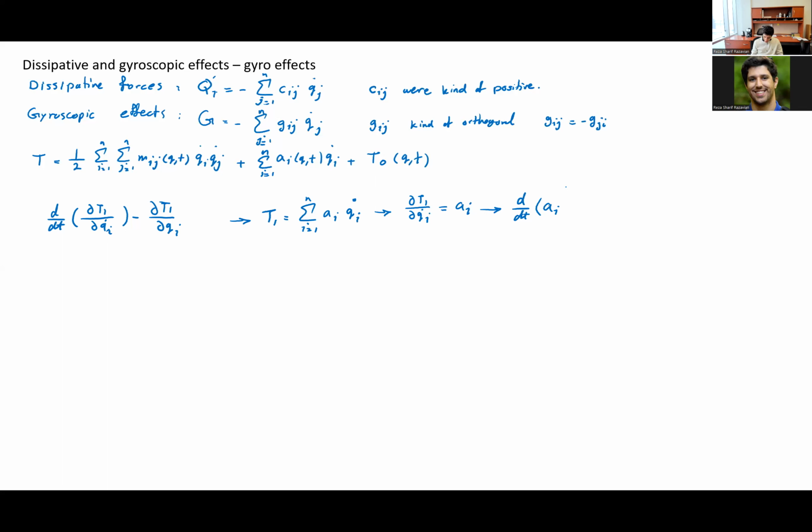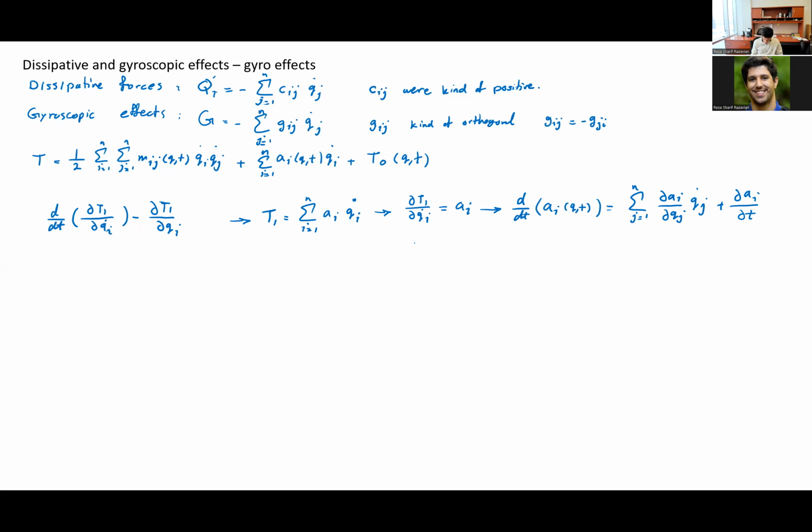And remember, this Ai is a function of q and t. And this one I can write as sum over j, 1 to n, of partial Ai partial qj, q dot j, plus possibly partial Ai partial t. So that is the first set of terms.